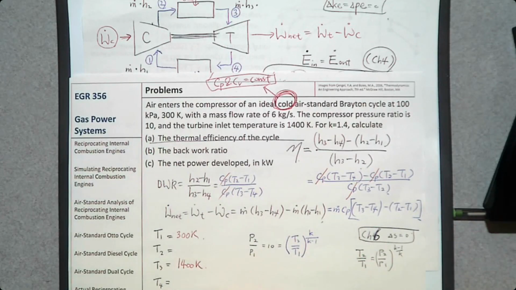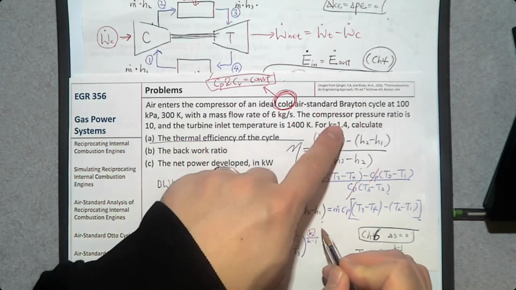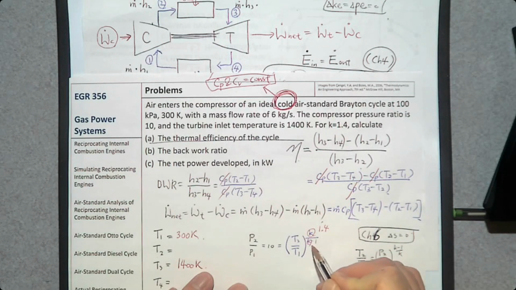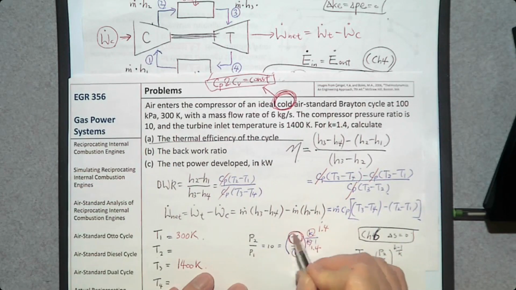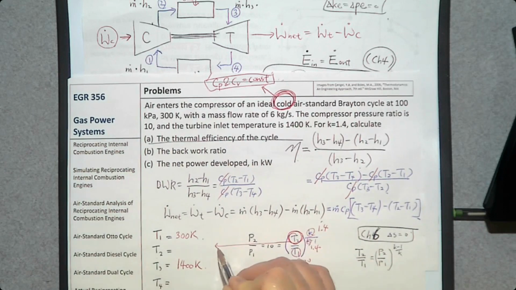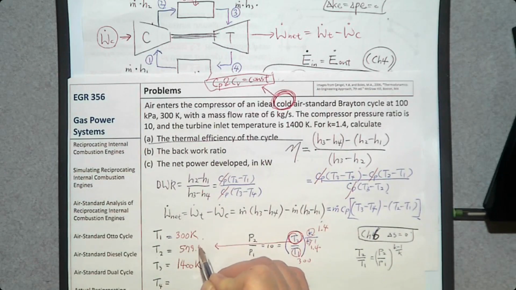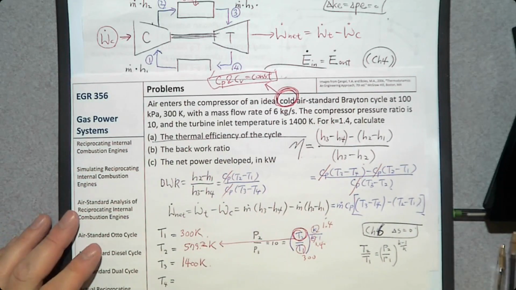Then 10, and kappa is what? 1.4. T1 is 300. Can you determine T2? Yes. T2 is what? 579.427. What about here? We can use the same thing.